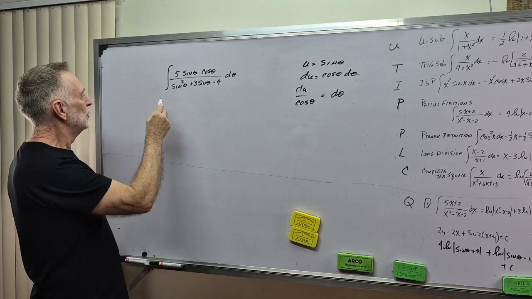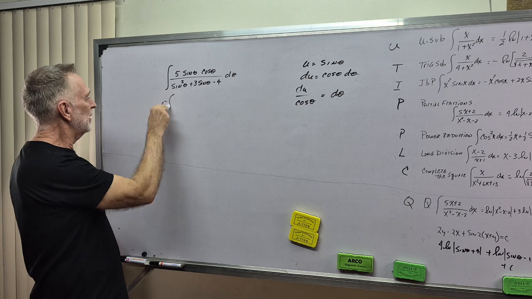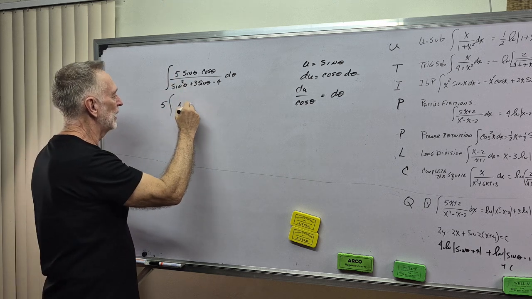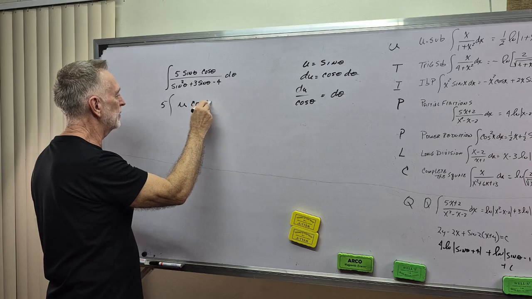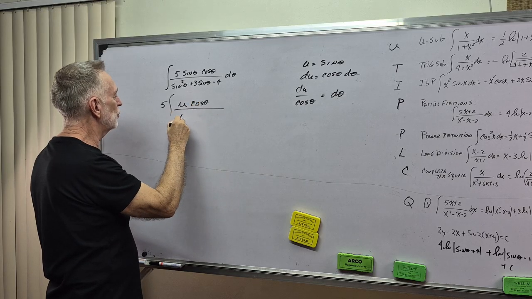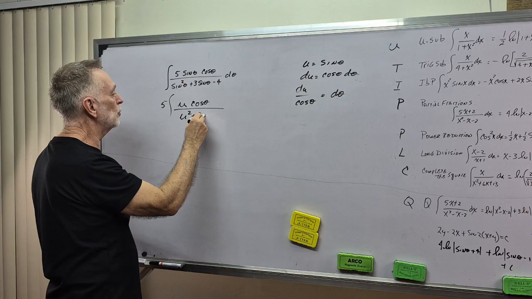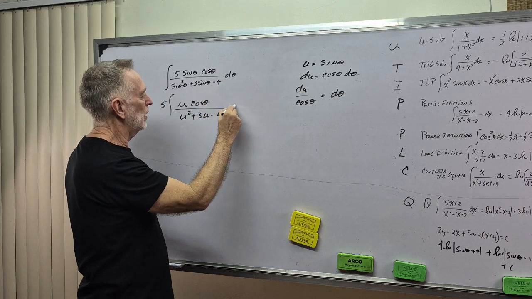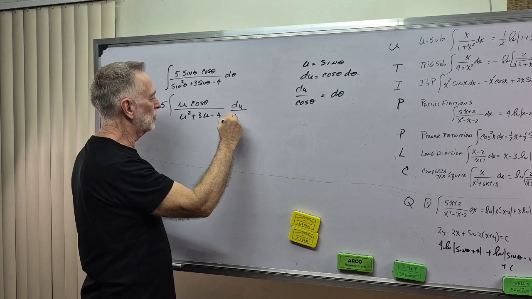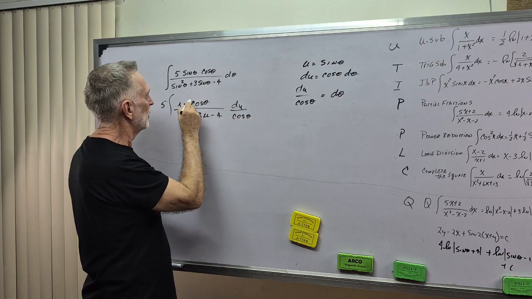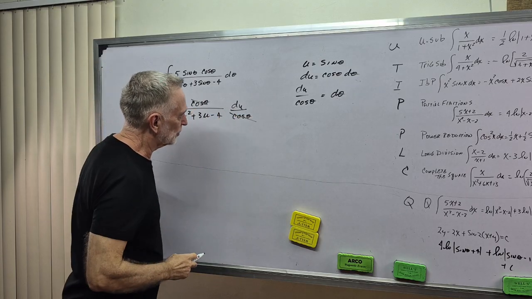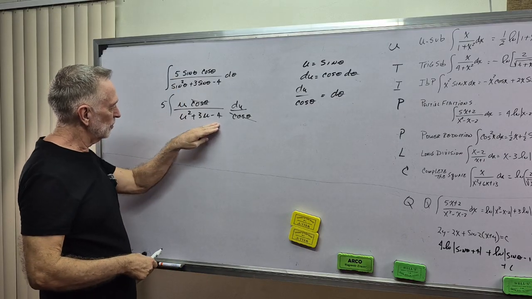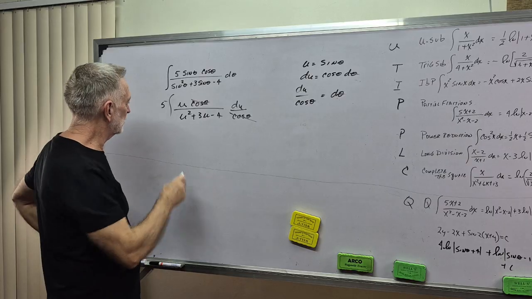Plug it in. Let's pull the 5 to the outside. Now we have u, and I still have that cosine theta over u squared plus 3u minus 4. And d theta is what? du over cosine theta. Wow, they just cancel. Now I can look at this, and when in doubt, factor, as I said.